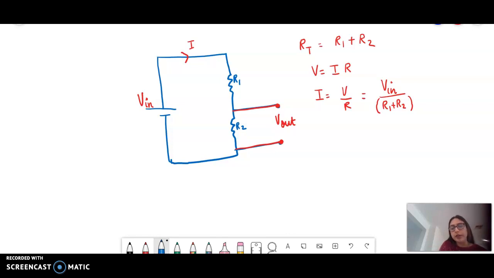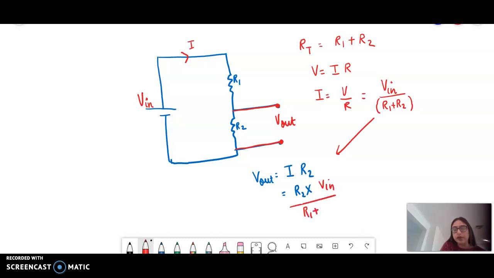Now, what will be the potential drop across R2? That's V output, right? So V output would be current times R2. So using Ohm's law, we need to now find the V output. What is the potential drop across R2? So R2 times I. Instead of I, I'm going to put V in over R1 plus R2.